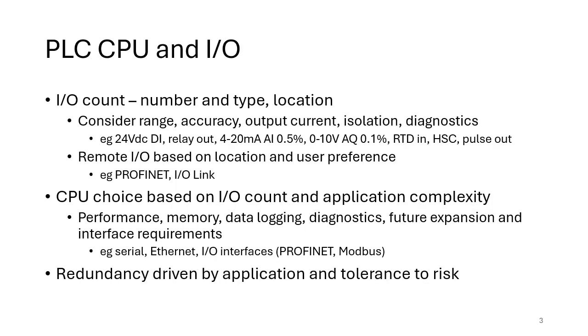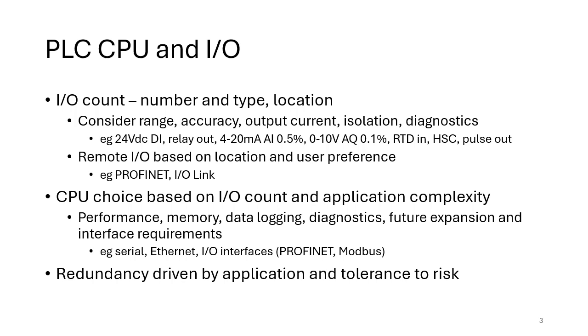To determine what PLC CPU and I/O to use, we often start with the I/O count. So this will be the number of I/O, the number of inputs and outputs, what type of inputs and outputs they are, and also the locations of those inputs and outputs. So we would consider things like the range, the accuracy, output current, isolation, and diagnostic capabilities.